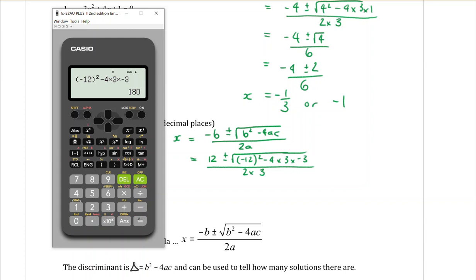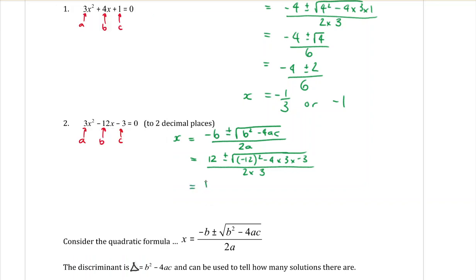Okay, 180. 12 plus or minus the square root of 180 over 6. 180 is not a number that is going to square root nicely. If I had to do this question exactly, like I was doing the last one, you will at times have to simplify surds to get a nice simplified answer. Okay, so be prepared for that. But this one did ask me to go to decimals, so I'm not going to do that here.